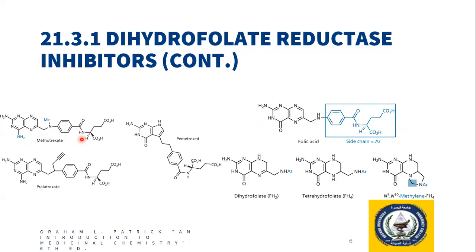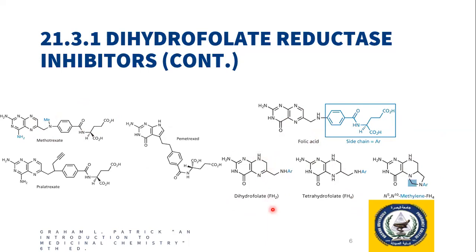Also, as you can see from the figure, Pemetrexed and pralatrexate are both related to methotrexate here. And on the right side, you see the folic acid, the dihydrofolate, which is basically just adding two hydrogen atoms, one here and one here.